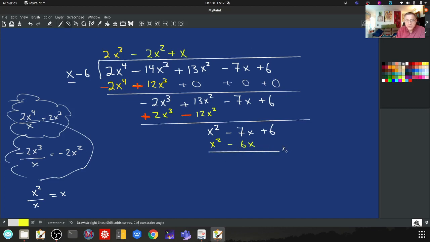Now I do the subtraction step, and I change signs and add. That becomes a negative, and this becomes a positive. x squared minus x squared is 0. Minus 7x plus 6x is minus x.